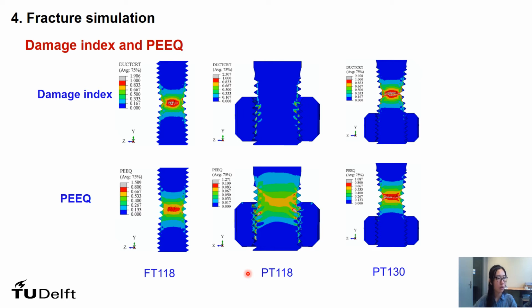As for the plastic strain distribution, the maximum PEEQ is about 0.8 for FT118 and PT130 with bolt tensile fracture failure, while the maximum PEEQ for PT118 is only about 0.1, occurring in the thread shear regions with final thread stripping failure.